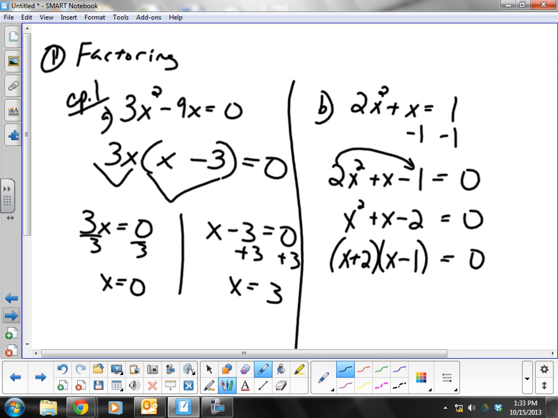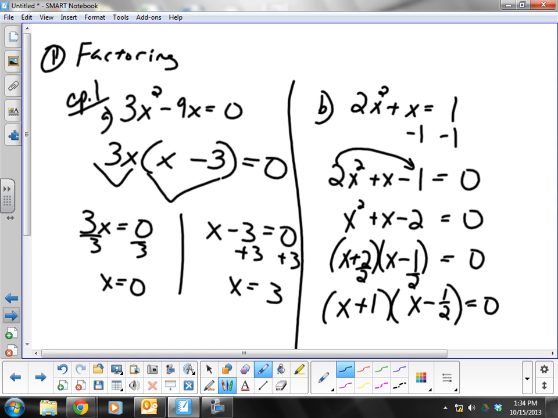But before you do anything else, after you get it factored out, the very next step is to take that 2 that you multiplied by and divide it back out of both factors. Now, this gives me x plus 1 times x minus 1/2 equals 0.